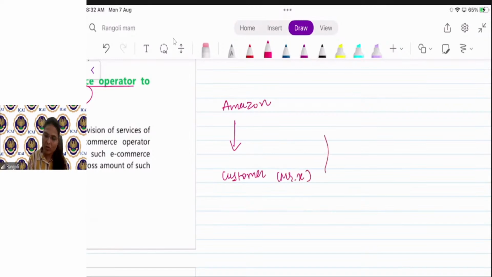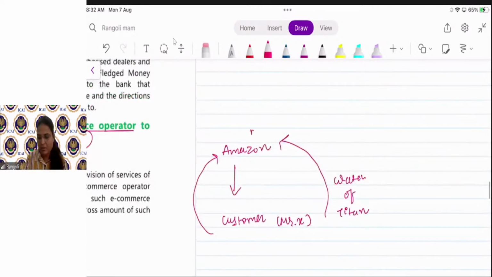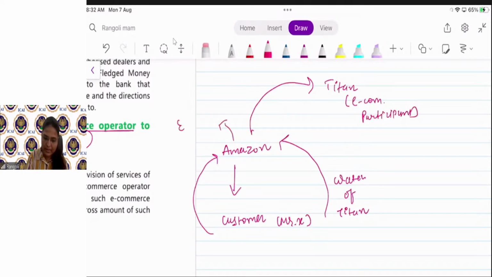If Mr. X orders a watch of Titan from Amazon, then Mr. X will make payment to Amazon for the purchase of the watch, and Amazon will make payment to Titan. So here, Titan is considered as e-commerce participant, and Amazon is considered as e-commerce operator, right?